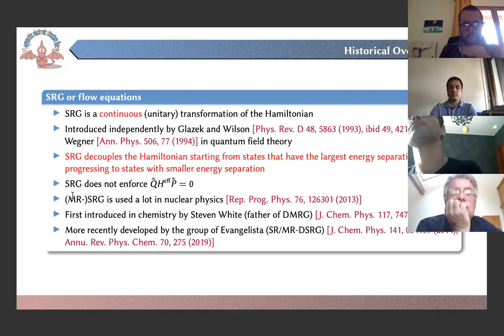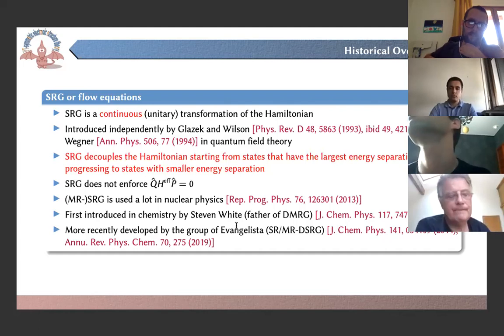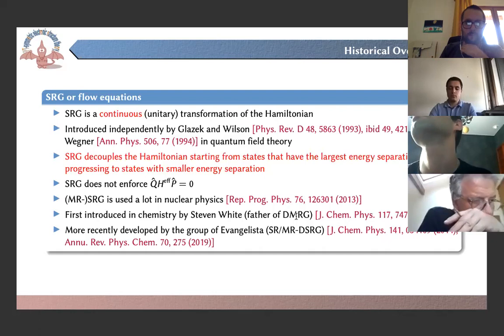Okay. So the first paper that appears in chemistry based on the SRG is by Steven White. Steven White is the researcher that basically invented DMRG, for the people who know what DMRG is. So you see that there are two letters in common between DMRG and SRG.